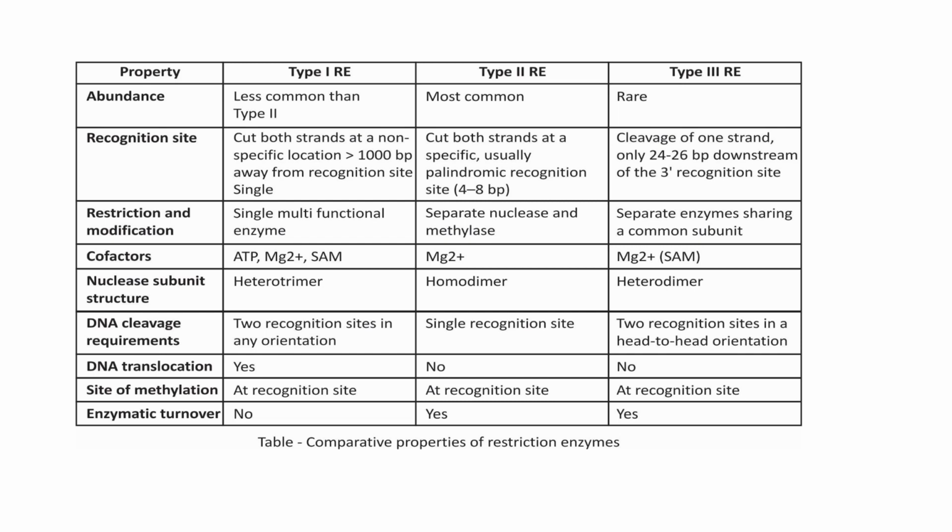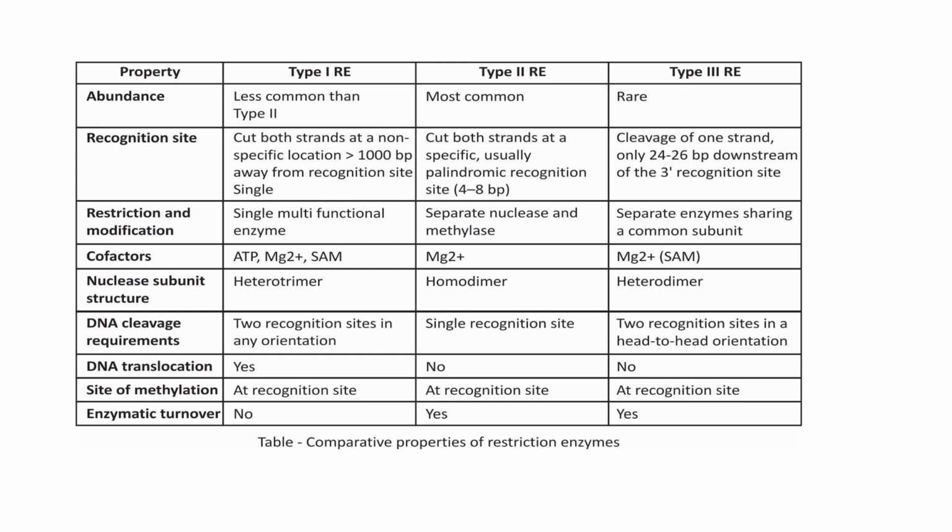If we consider the recognition site for type 1, it cuts more than 1000 base pair away from the recognition site. If we consider type 3, it cuts 24 to 26 base pair downstream of the 3' recognition site.